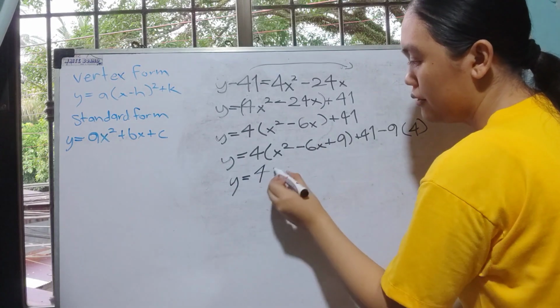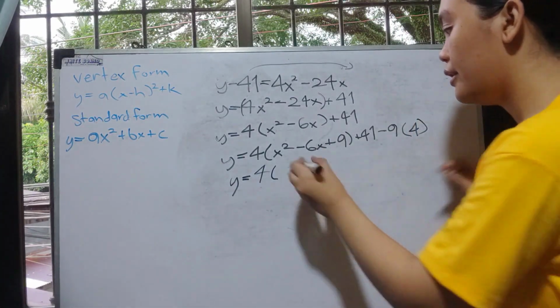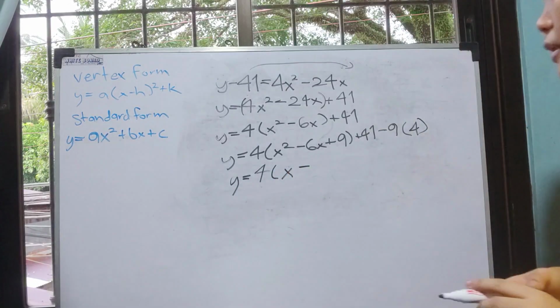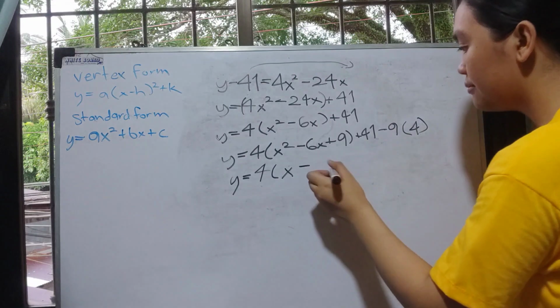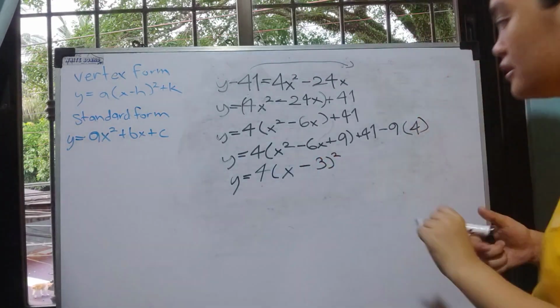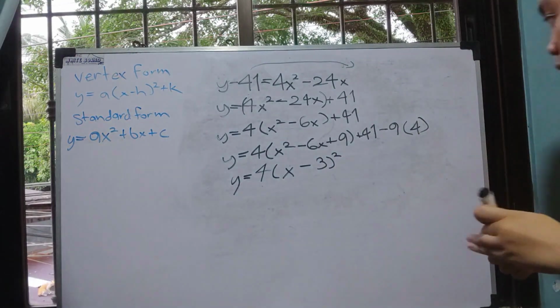Take the square root of the first term, x, the sign of the middle term, negative, and the square root of 9, 3, and add the square here.